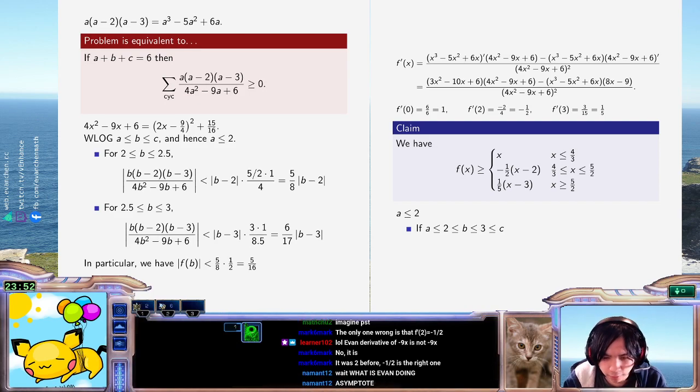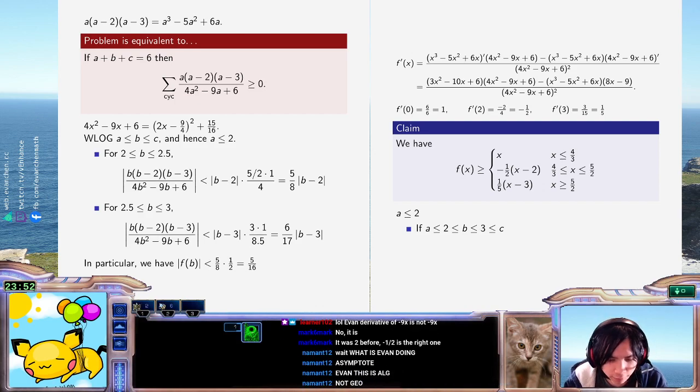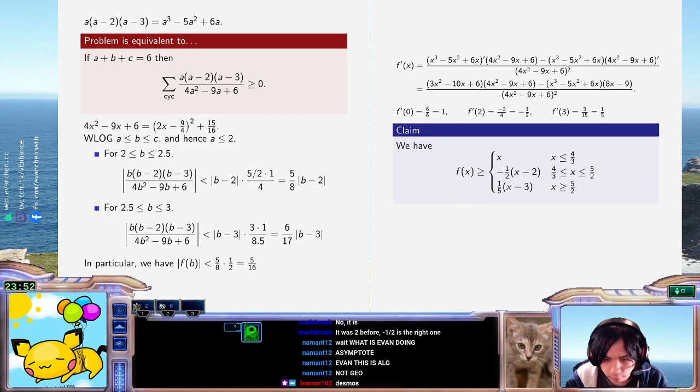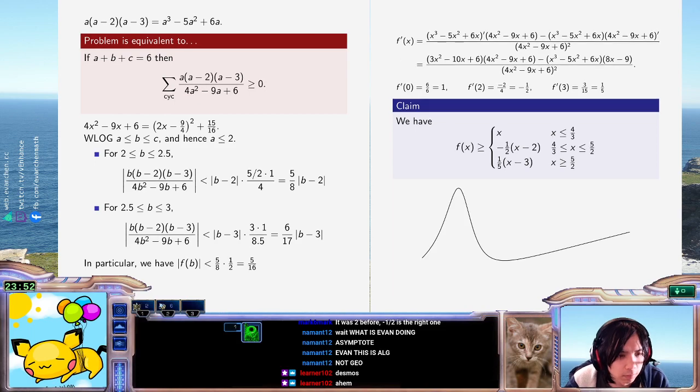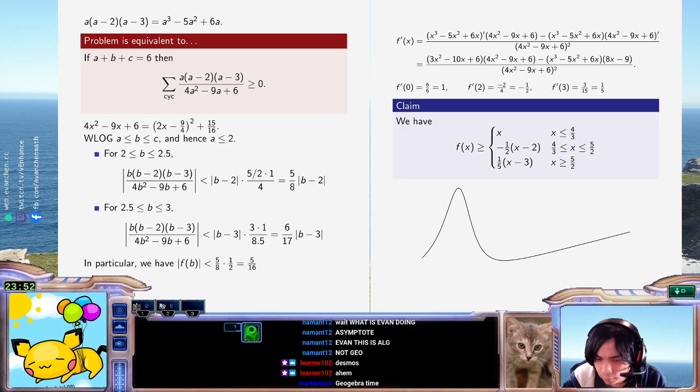Yeah, because I'm too lazy to get out my iPad to draw freehand. Okay, but anyways, here's a diagram of the figure, and then we are bounding it above by 3 lines.